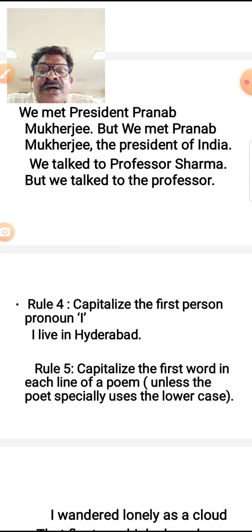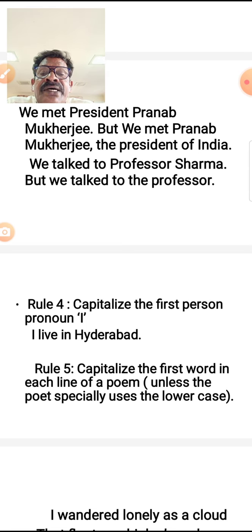Whenever he writes I, he goes for small i. I have said so many times it should not be like that. Whenever you come across the personal pronoun I, it should be written in capital, whether it comes in the beginning, in the middle, or at the end. I should be written in capital form wherever it comes, right?